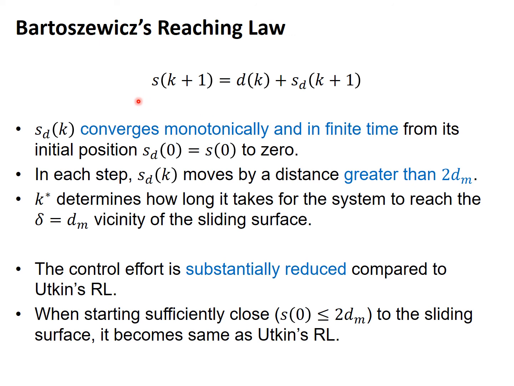So the bound of S will become the bound of dk only, which is dm. The control effort is substantially reduced, and when starting sufficiently close to the sliding variable, it becomes the same as the Utkin's reaching law. This is what I was saying in the last slide.